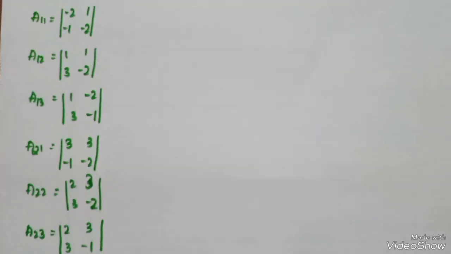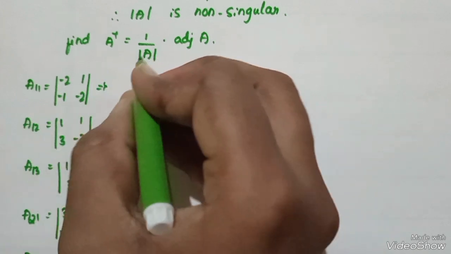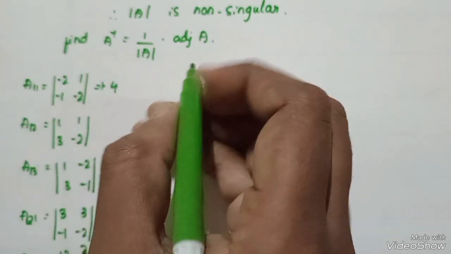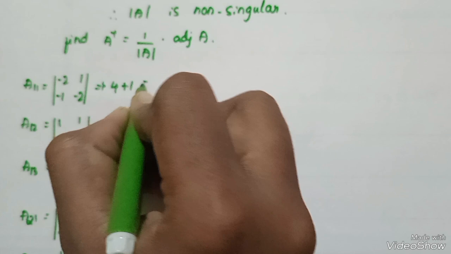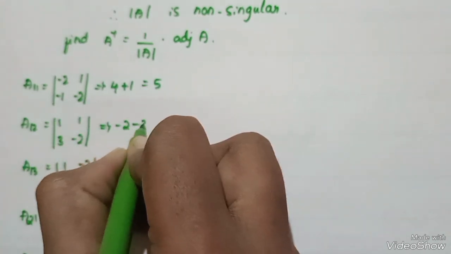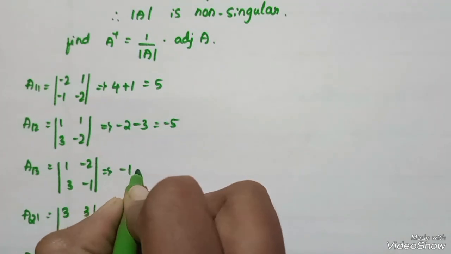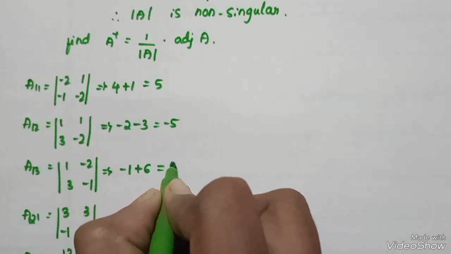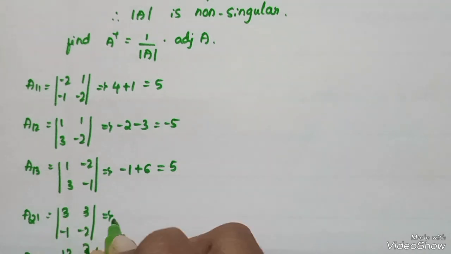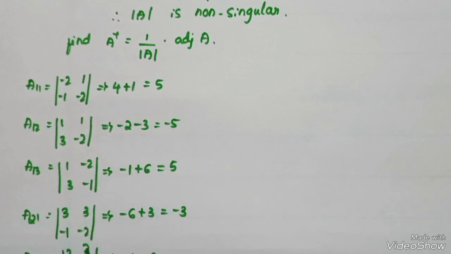Now I have to find the values here. Minus 2 into minus 2 becomes plus 4. Minus 1 into 1, minus 1, here 1, that is 5. Minus 1 into 2, minus 2, minus 3, it becomes minus 5. 1 into minus 1, minus 1, plus 6, it becomes 5. 3 into 2, minus 6, plus 3, it is minus 3. 2 2s are 4, minus 4, minus 9, it is minus 13.